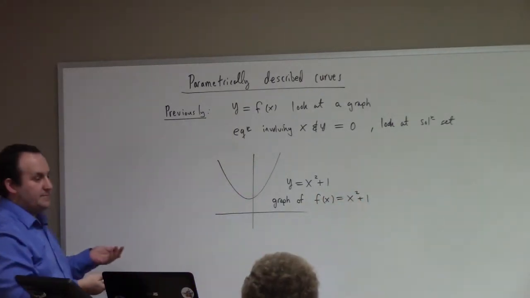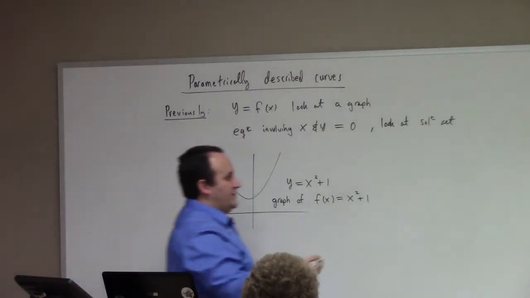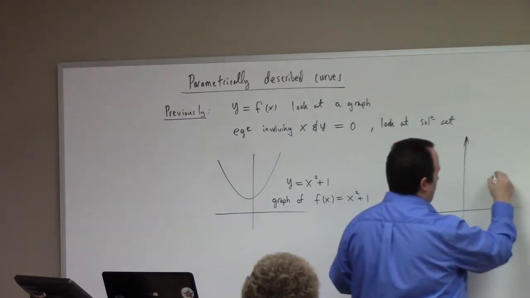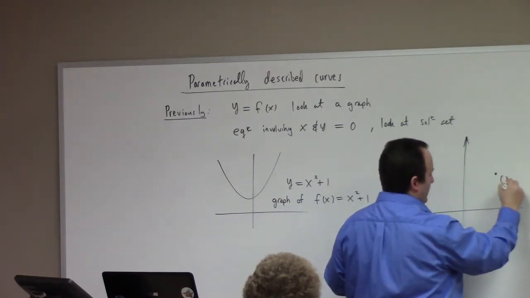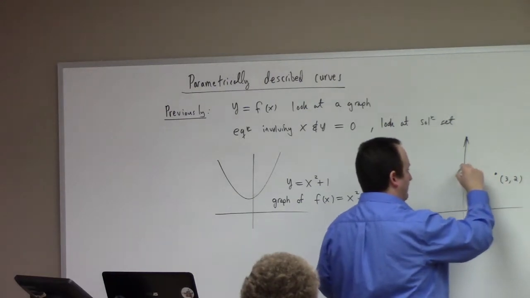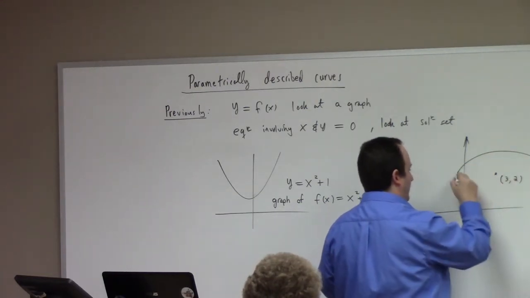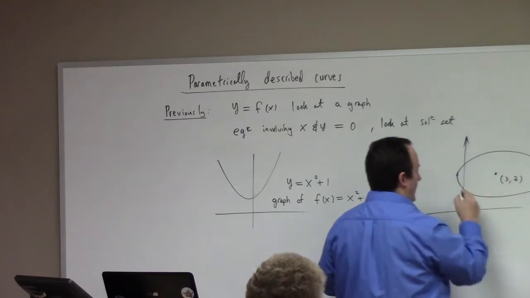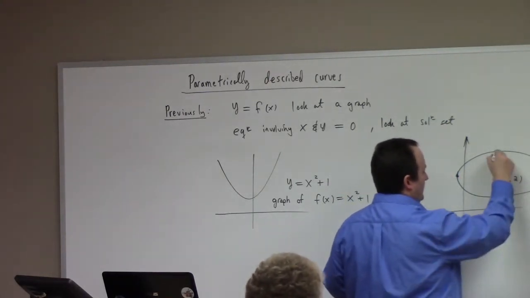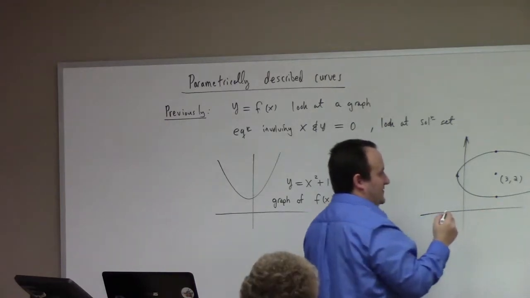So you know that. Or maybe we're just learning about these now. Here's the point 3, 2, right? And we might have looked at something like this guy, right? It's a badly drawn ellipse, but use your imagination.